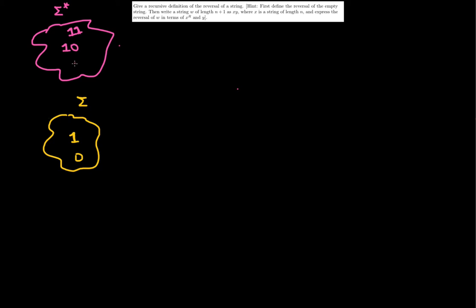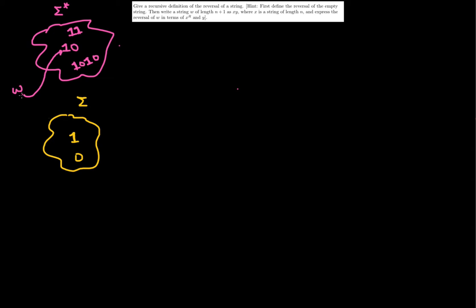And I can keep on doing this. I can keep on creating many different strings over here, which will all be concatenations of various other substrings, and the characters in these strings are all going to be the characters that are present from this yellow set.